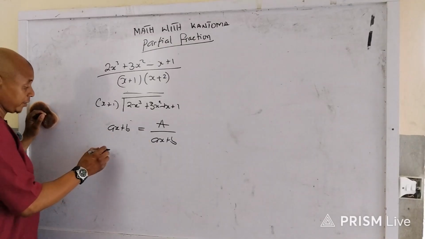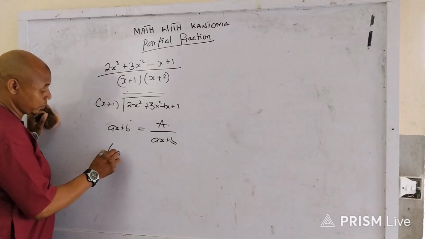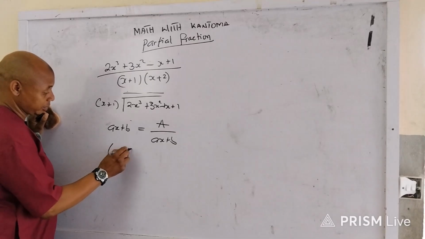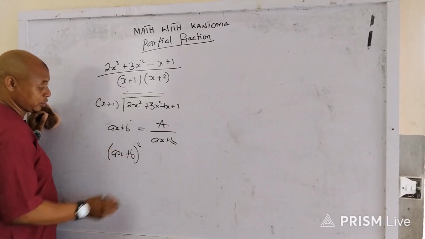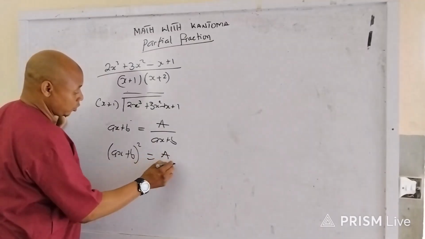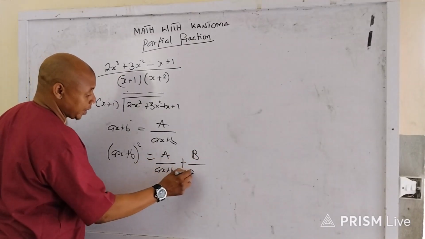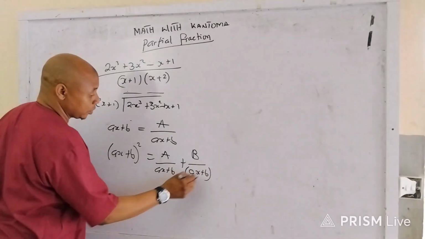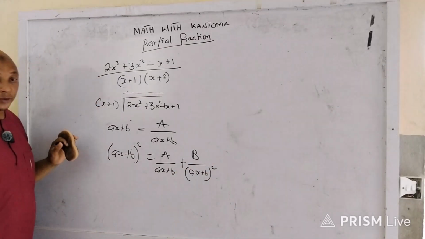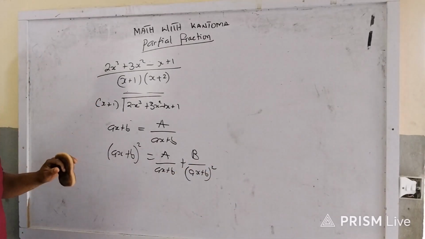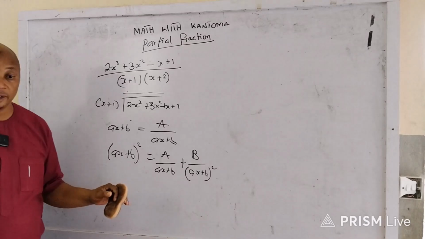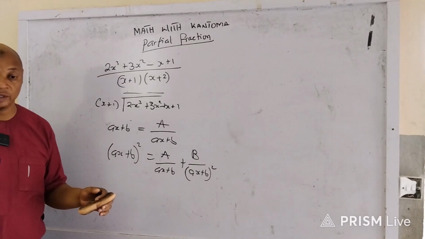Also, a linear factor of the form (ax plus b) all squared is given by A over ax plus b plus B over (ax plus b) all squared. So this is the third rule in resolution into partial fractions.